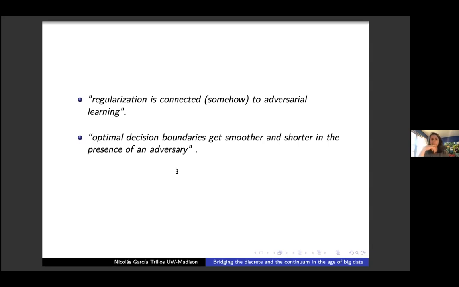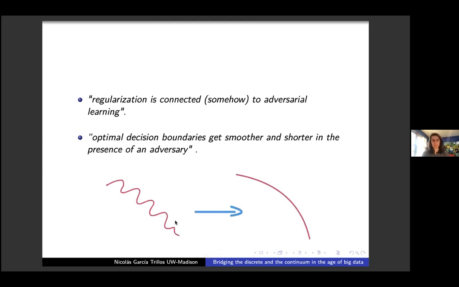And specifically for classification, when you look for optimal decision boundaries for your classification, these get smoother and shorter when you introduce an adversary in training. We're going to discuss these two statements along the talk.